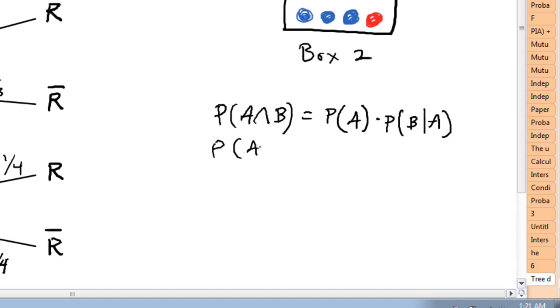It just depends on which comes first. Does B come first or does A come first? It doesn't matter. But you can see the formula.